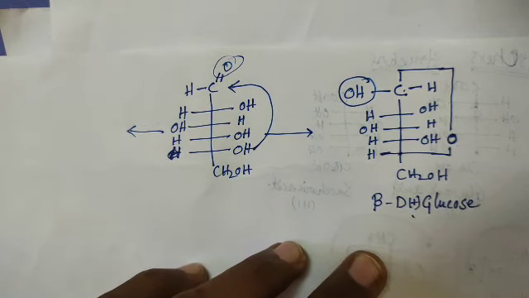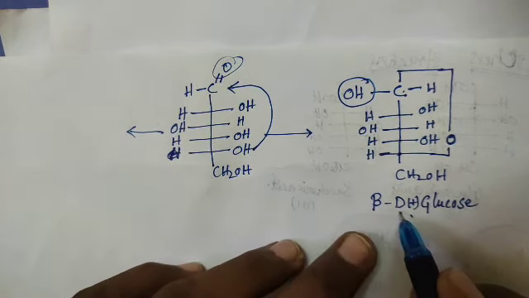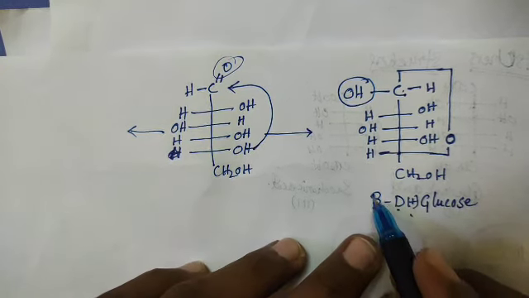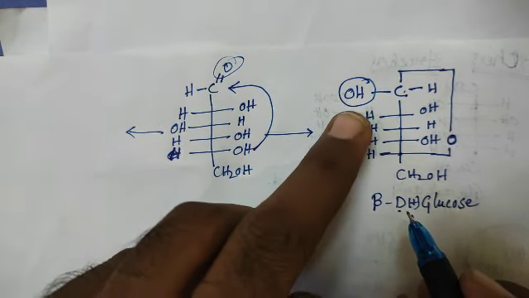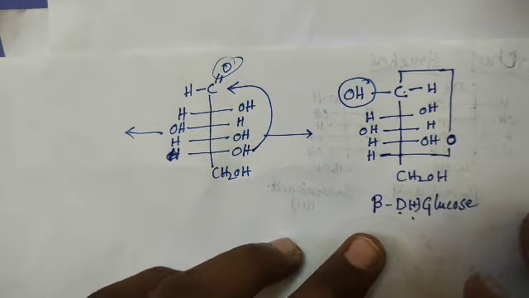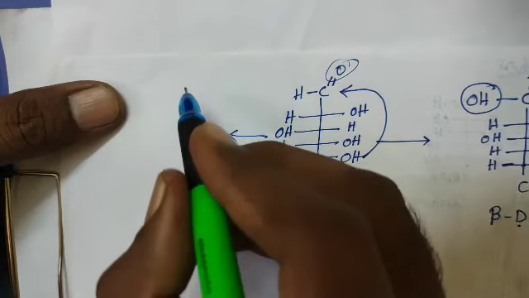So alpha D glucose, beta D glucose, positive and negative. D means dextrorotatory. This OH on this side means that is beta glucose. Next, on this side one more structure, alpha structure, I will draw.